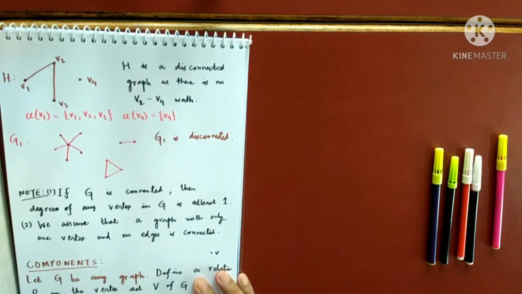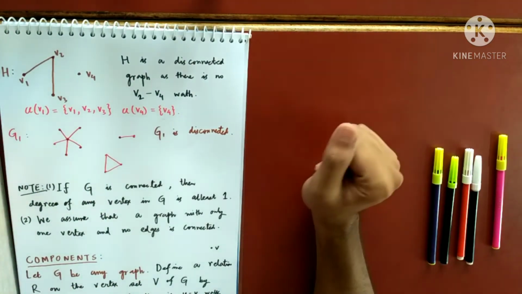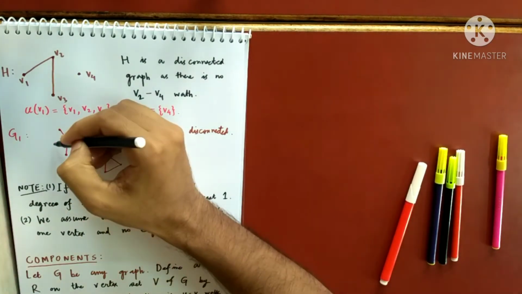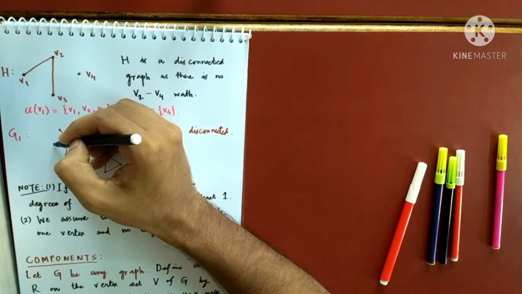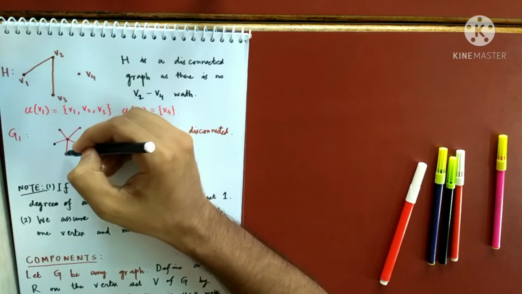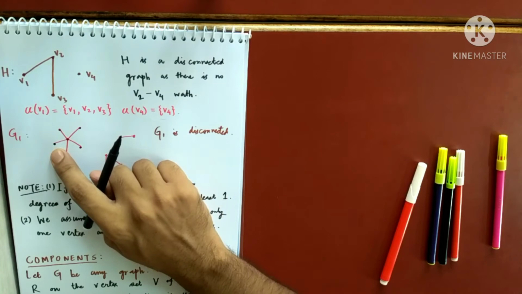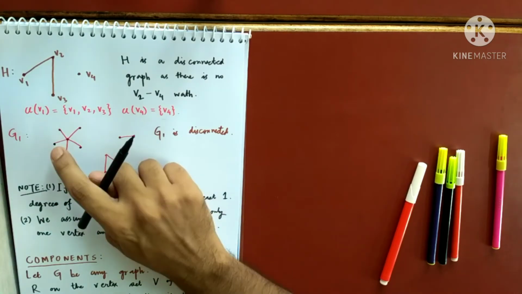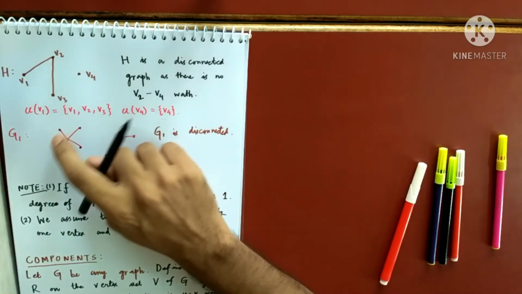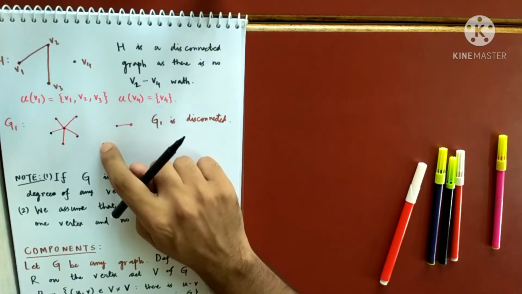Similarly, how many equivalence classes are there for this graph? Three equivalence classes, because you can see the class of this vertex: this one, this one, this one, this one, this one. But this will not belong to the class of this vertex because I cannot find a walk from this vertex to that vertex. So the class of this vertex will be this, this, this, this, this. The class of this one will be this and this, and the class of this one will be this, this, this.